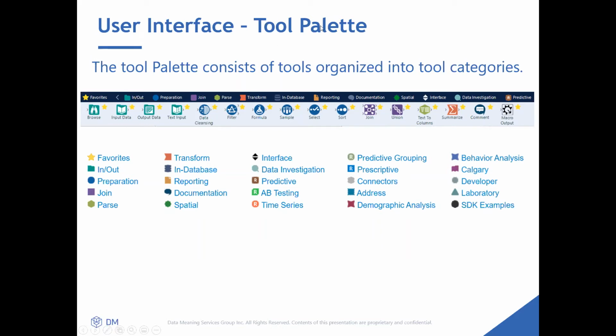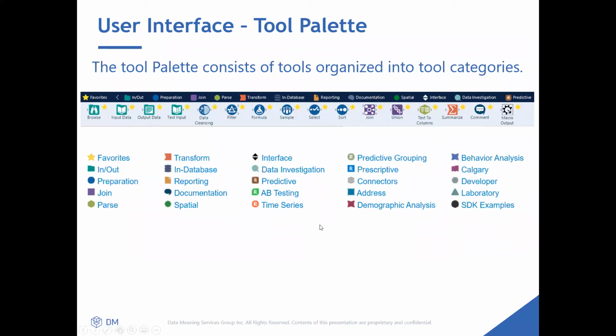Each palette is a different tab, and each tab groups together like-minded tools, so that if you're looking to do a particular task, you can go to that particular palette and find the tools that are closely related to each other. That's the thing we're going to look at now.